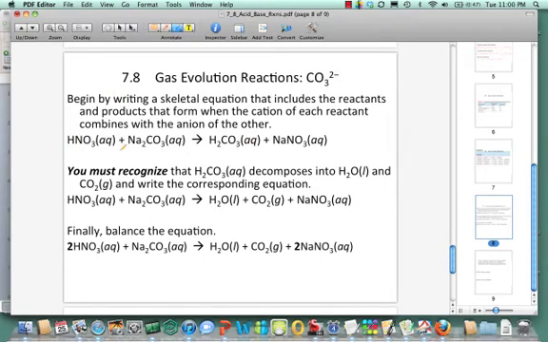If we have nitric acid, we react it with sodium carbonate, we get H2CO3, which is aqueous, and NaNO3. We need to recognize that this is one of those species that decomposes into water and carbon dioxide gas. So we need to finally balance the equation, so we can put a 2 here and a 2 over here, and that gives you a balanced equation.